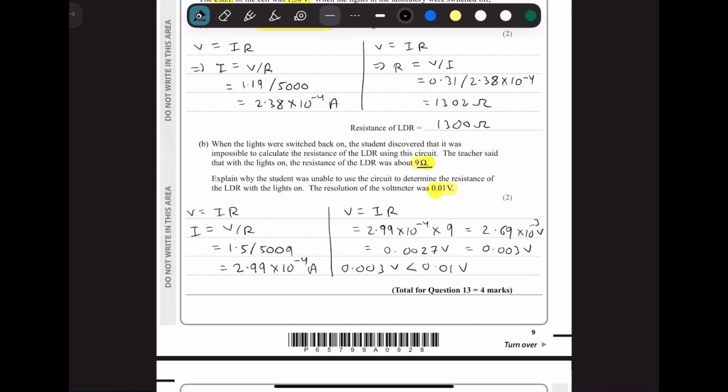And it is because of this reason, as the voltage of the LDR is 0.003 volt, which is even smaller than the smallest division of the voltmeter, you cannot use this circuit to find the voltage of the LDR.